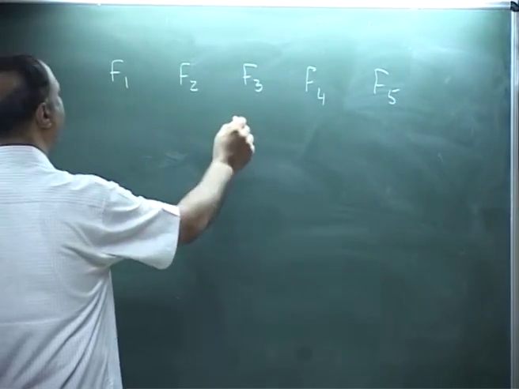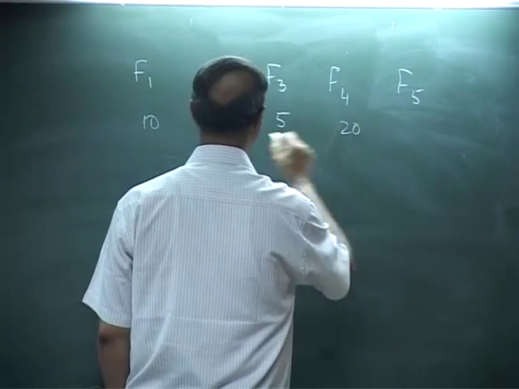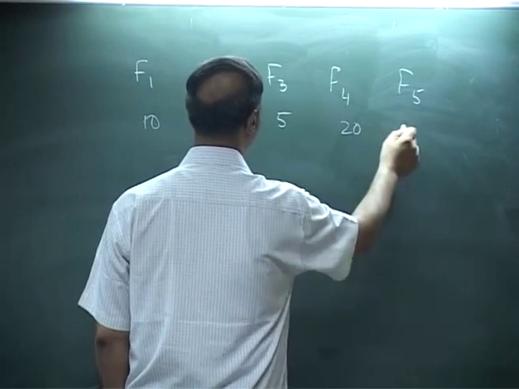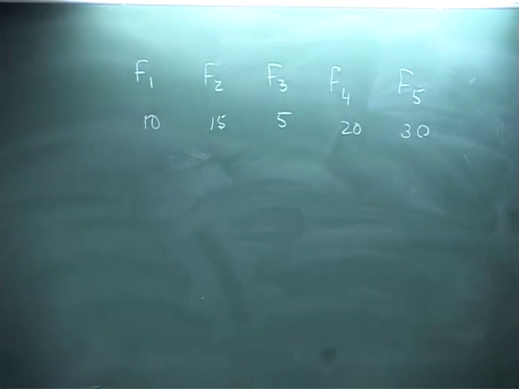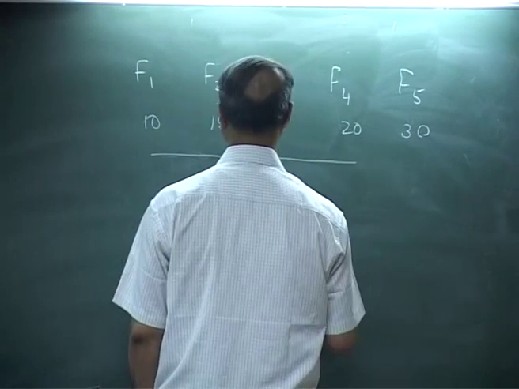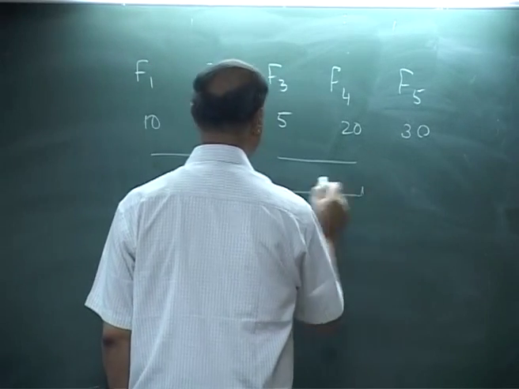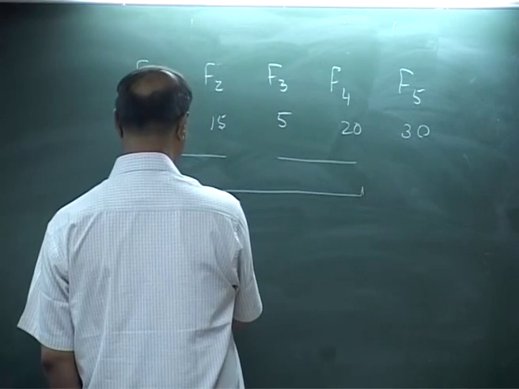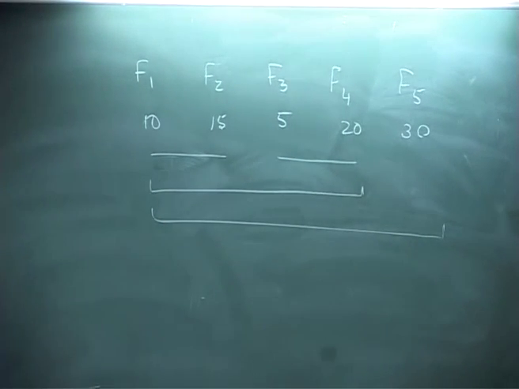The sizes of the files could be 5, 10, 20, 15, and maybe 30. So if I merge first these two, then these two, and then merge the whole files, let us see how many record movements there will be.